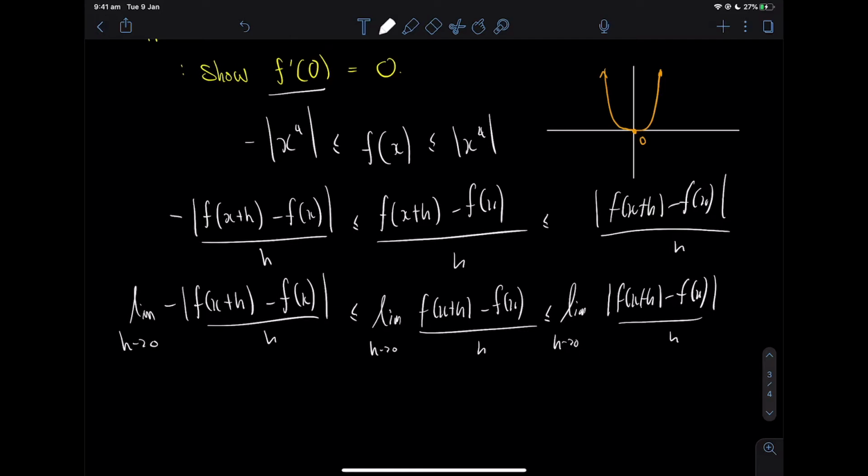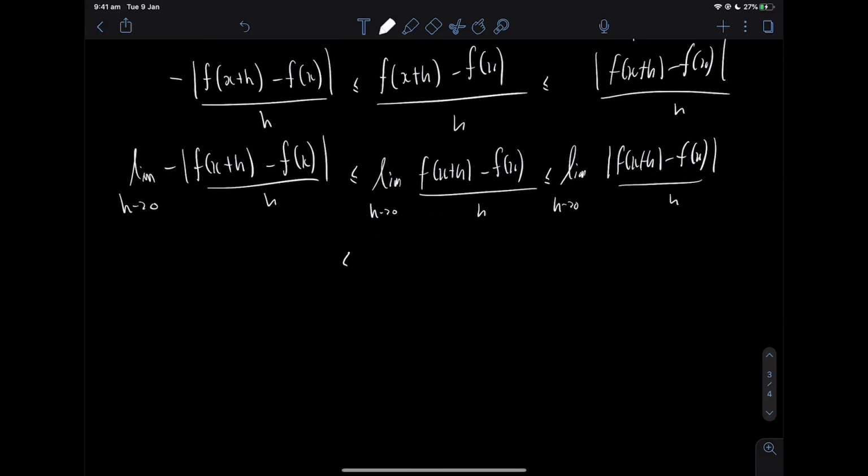Cool. So now we can see that this is actually less than or equal to the f dash of x. And this would just be obviously for the left-hand side derivative and the right-hand side derivative case.